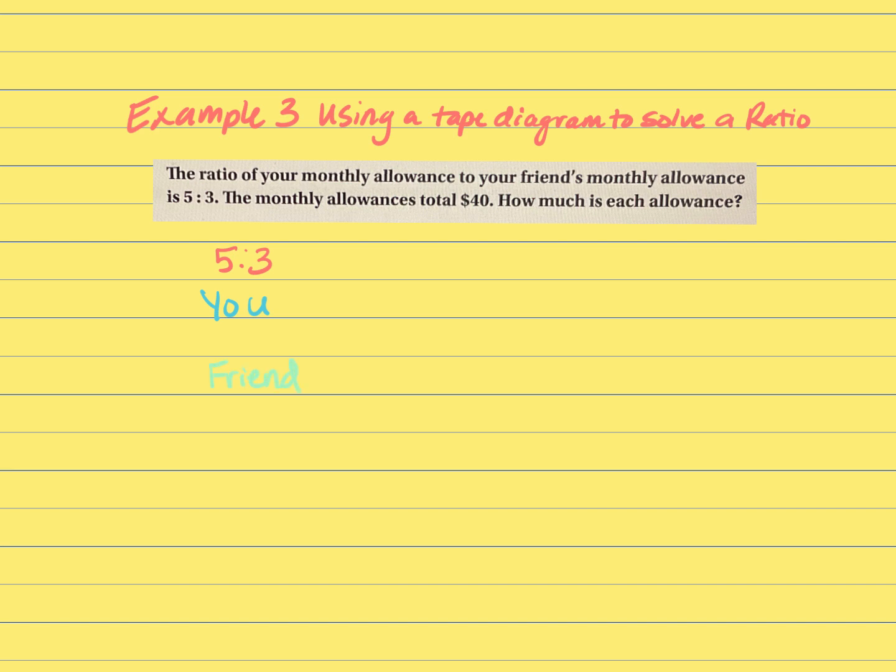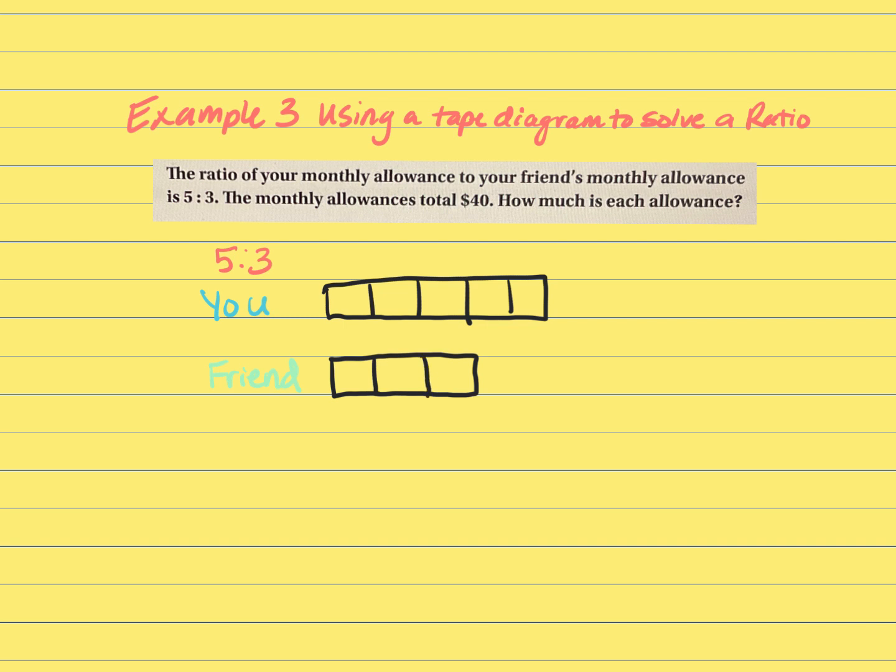Okay, so between the two of you, we know that each of them represent a piece, but you represent 5. So I'm going to make a tape diagram that shows 5 pieces, okay? Should look like that. Your friend is going to show the ratio of 3. So I'm just going to draw enough to make sure it's equal, and it shows 3, okay?